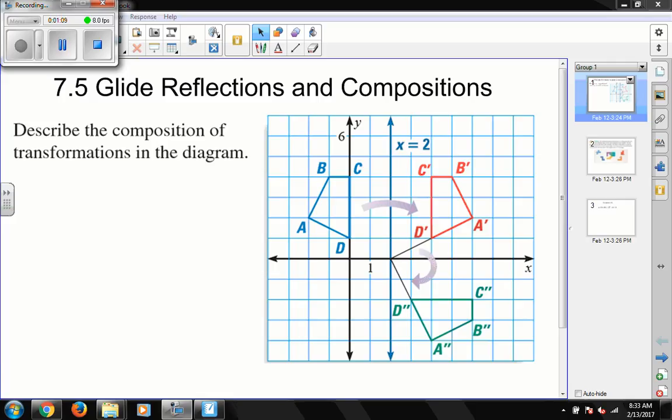Well, it looks like all we've done is reflect our image over that line x equals 2.